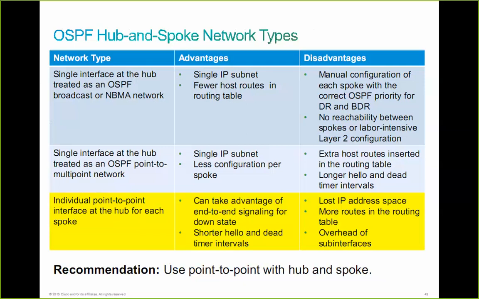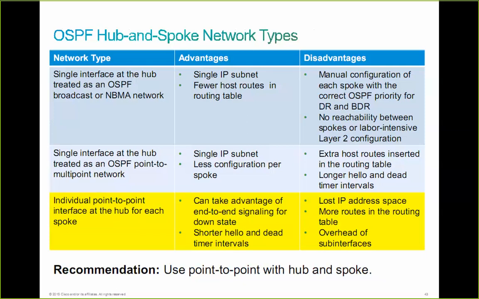The other issue that we see with this particular design deployment model is that there's no reachability between the spokes, right? So we have a very labor-intensive layer 2 configuration.